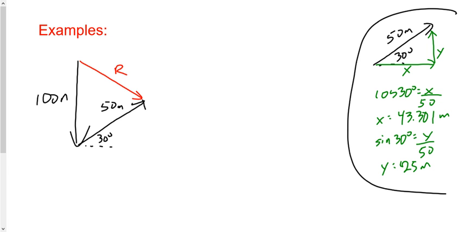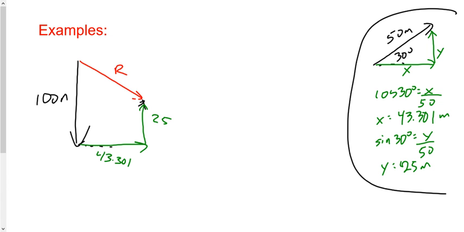Now watch what I'm going to do. This is 43.301. This is 25. This is gone.